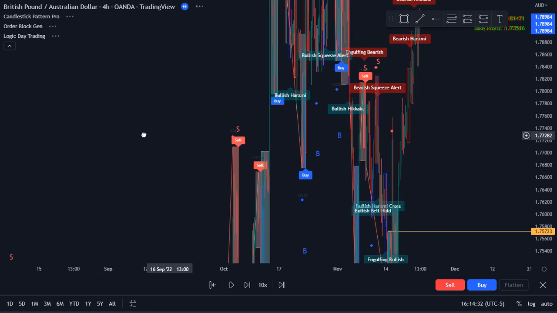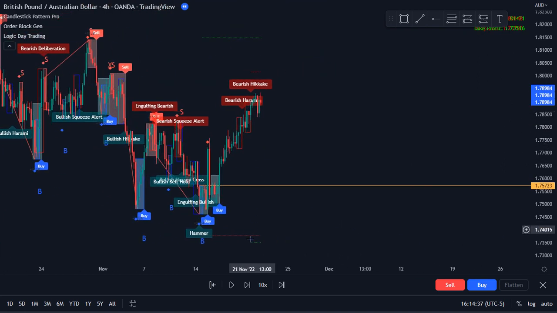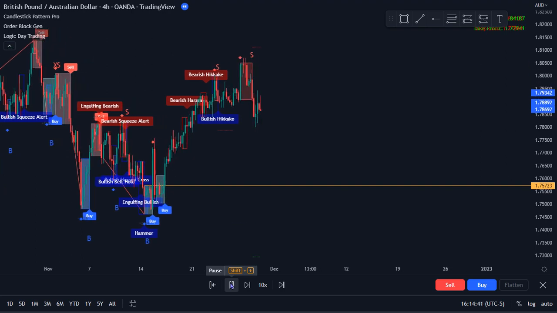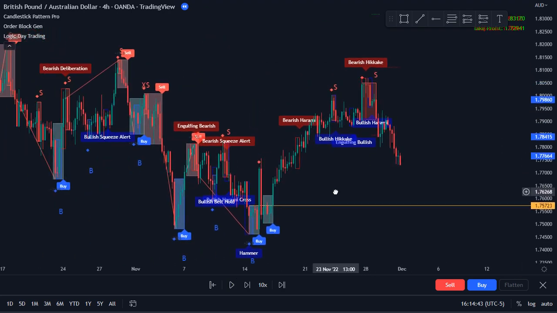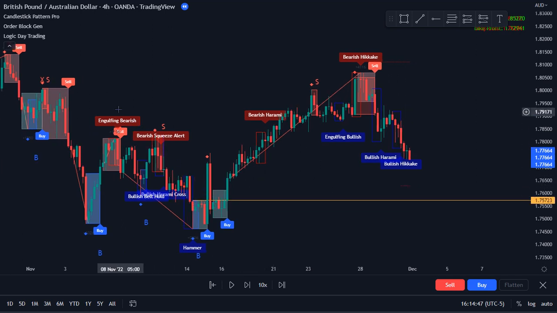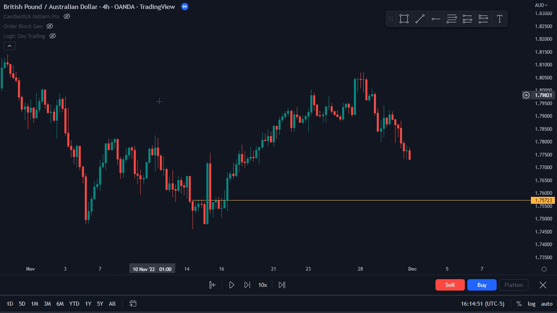So just a couple examples of these three indicators working together to find this up move here. Since we're framing this off of the 4 hour, let me actually hide these to clean up the chart.